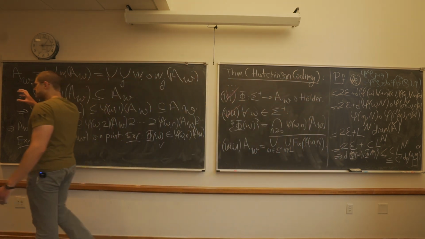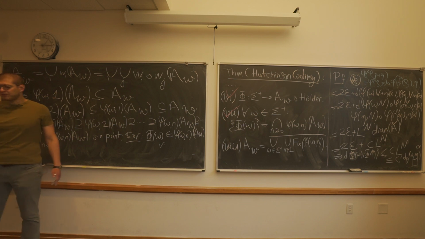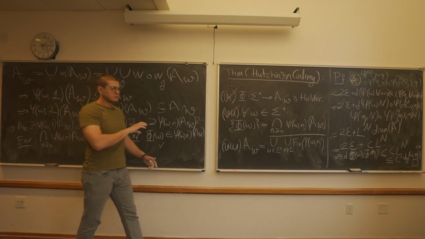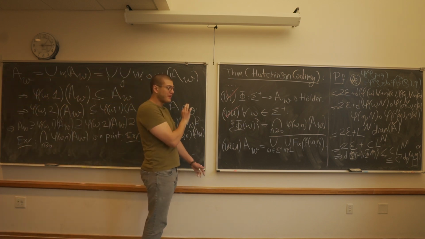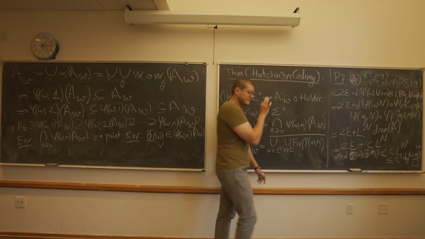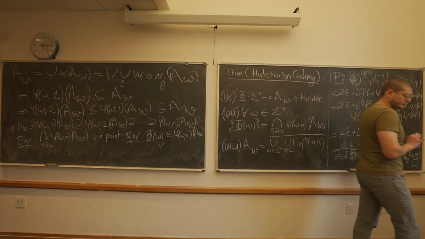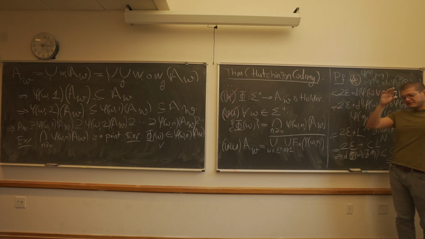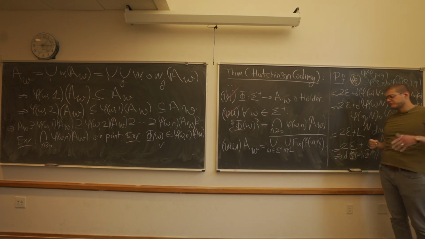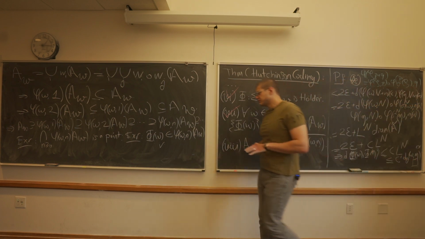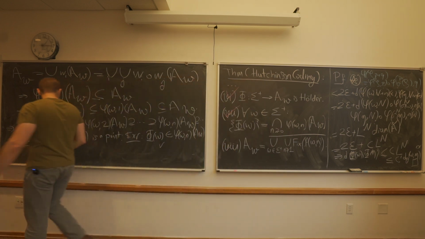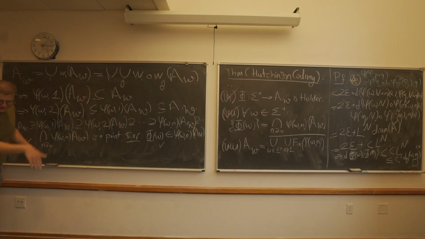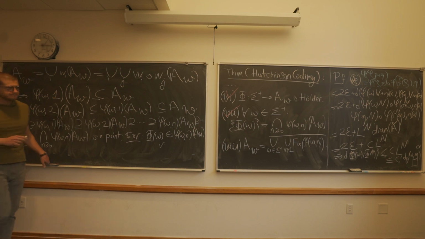You know that the Hutchinson coding map, uppercase phi, is onto, which means that there's at least one sequence omega that phi maps to this point that you chose. Now, how do you approximate that sequence in sequence space? Well, we need to think about that a little bit. But once you can approximate it in the sequence space, you can again apply the Hutchinson coding to get the point in the attractor. Okay.